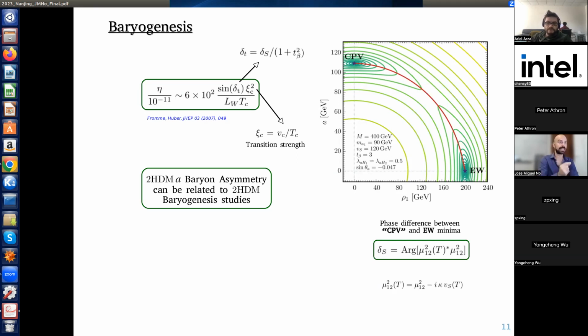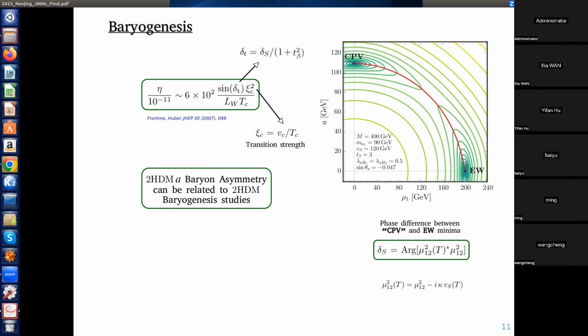Now, the size of the CP phase is different in the two-Higgs doublet model and in this model, but the way that the phase, whatever it is, leaks to the fermions is the same as in the two-Higgs doublet model. So then the only thing you need is to compute the phase, which will be different from the 2HDM.